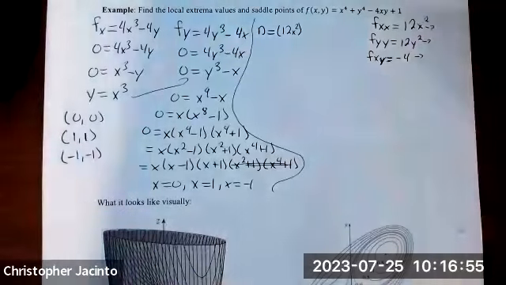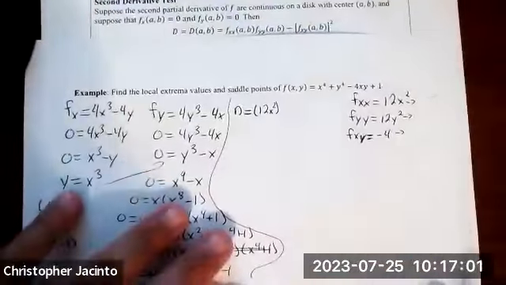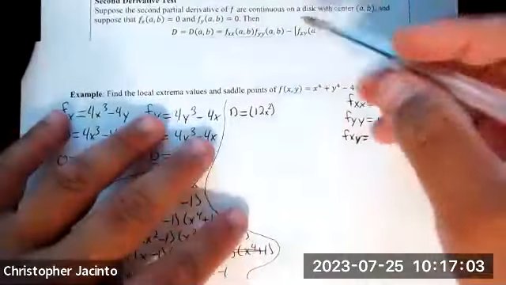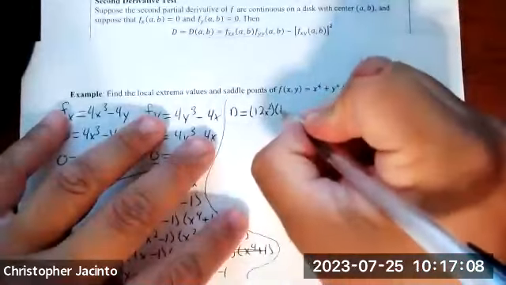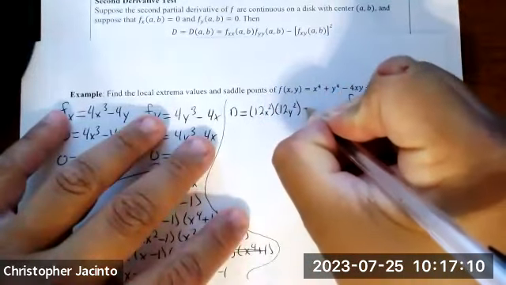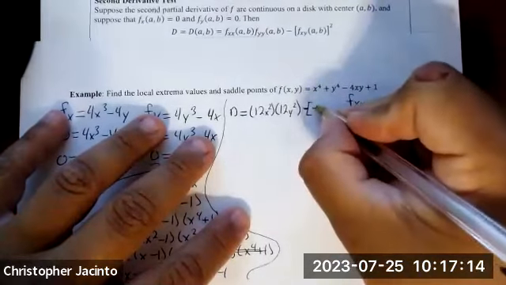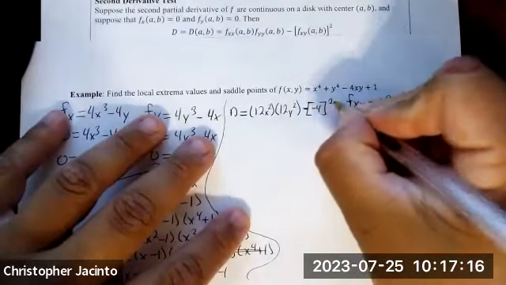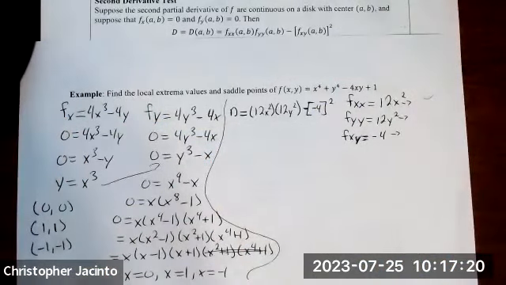Oh, here it is. There we go. So this times this minus this, which is just -4 because, you know, the second partial was just itself.